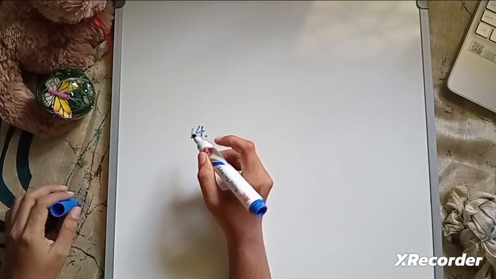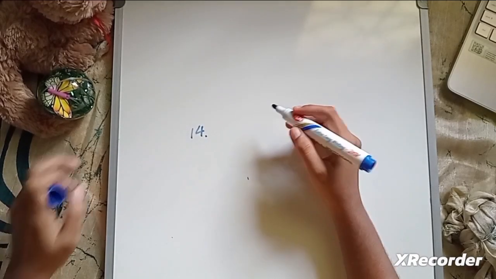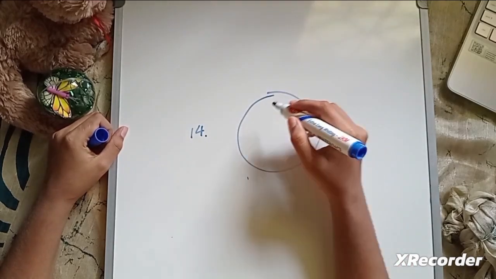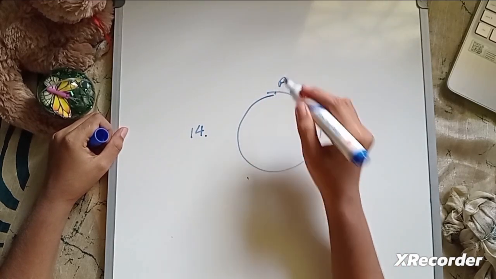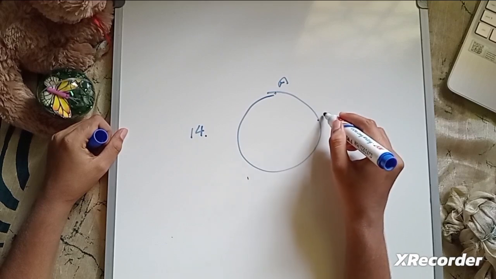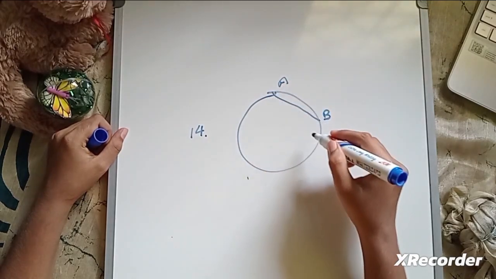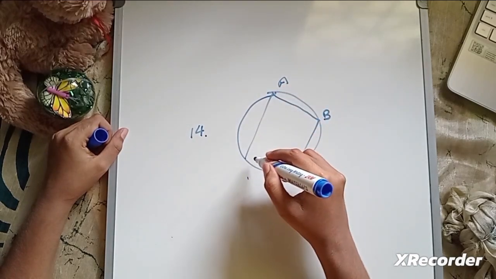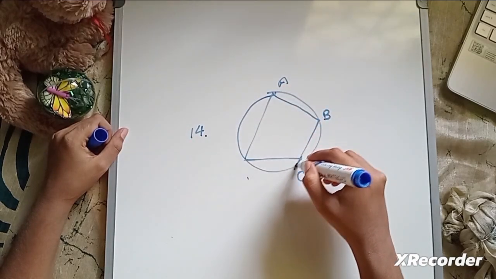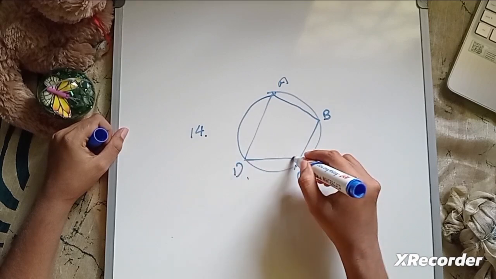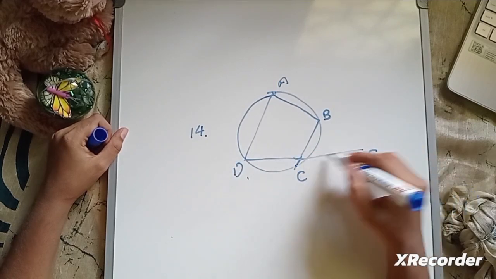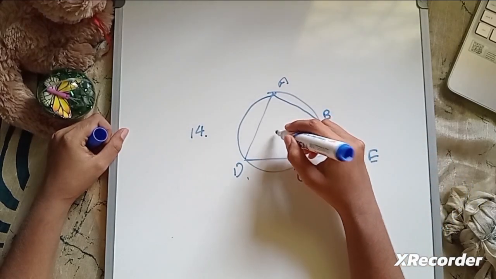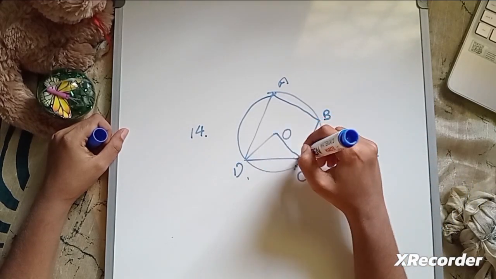Question number 14. They have given a figure like this. This is point A. This is B, C, T, D, C produced to E. Then this is the center.